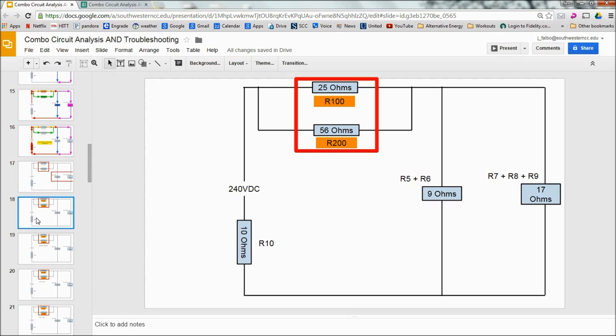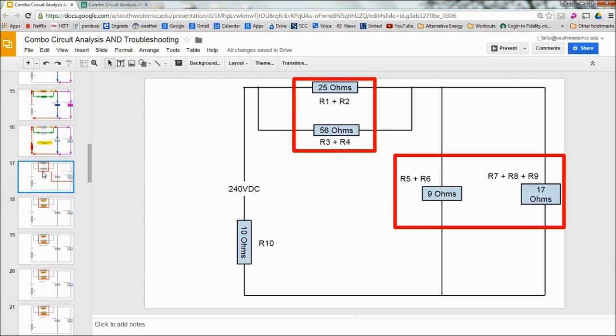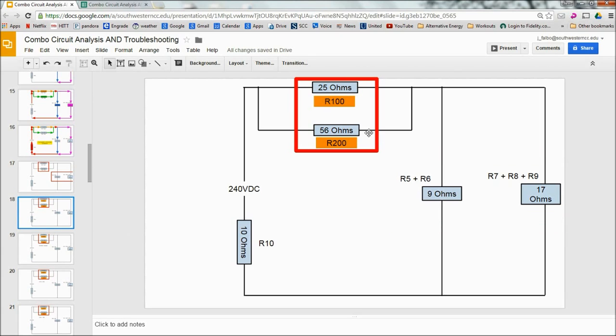So I've given this some identifiers, and we traced the current and identified branches and parallel branches, right? Here are 2 parallel branches. Now, I don't have any other information, so I'm forced to use the reciprocal formula on these 2 virtual loads to calculate the total resistance in this parallel circuit. So that's 1 over this load plus 1 over this load, and then you take the reciprocal of your answer.